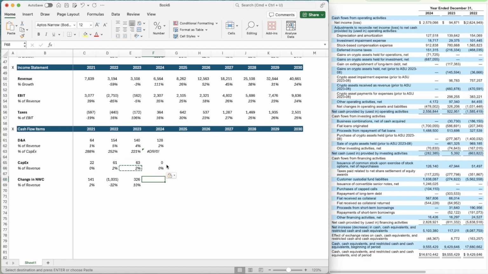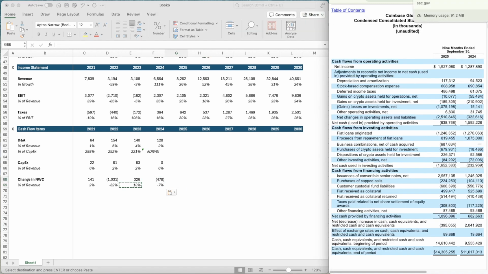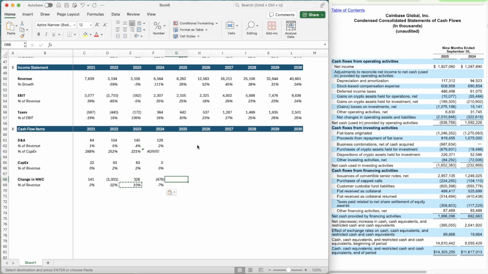Change in net working capital is minus 478.002. Let's have, we take divided by equals 117.312 multiplied by 134.